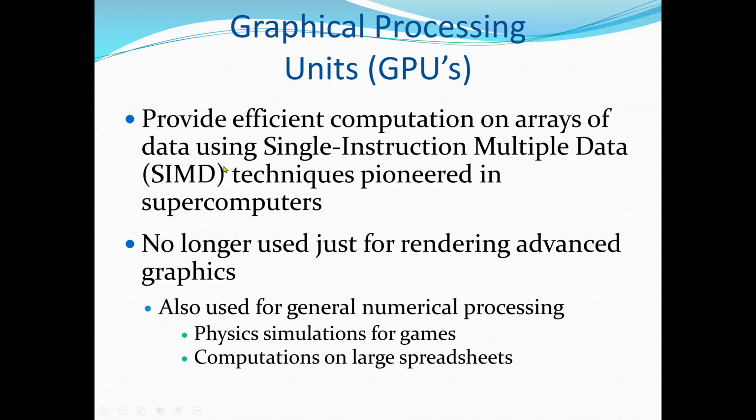Although the processors provide very good performance for most forms of computing, there's increasing demand for more powerful, high computation, very complex computation, such as graphics and video games, which demand high performance. So the graphical processing unit provides efficient computation for that.